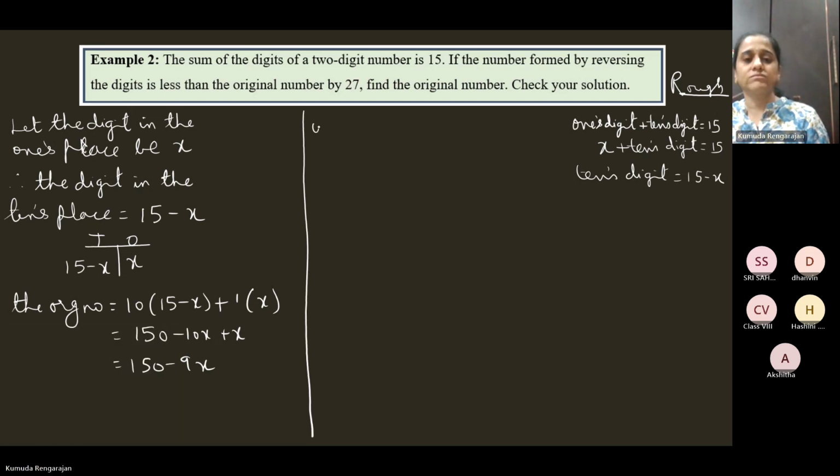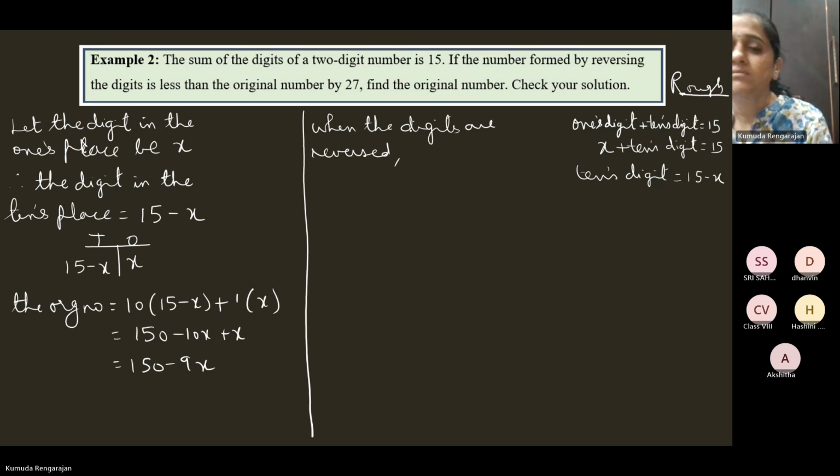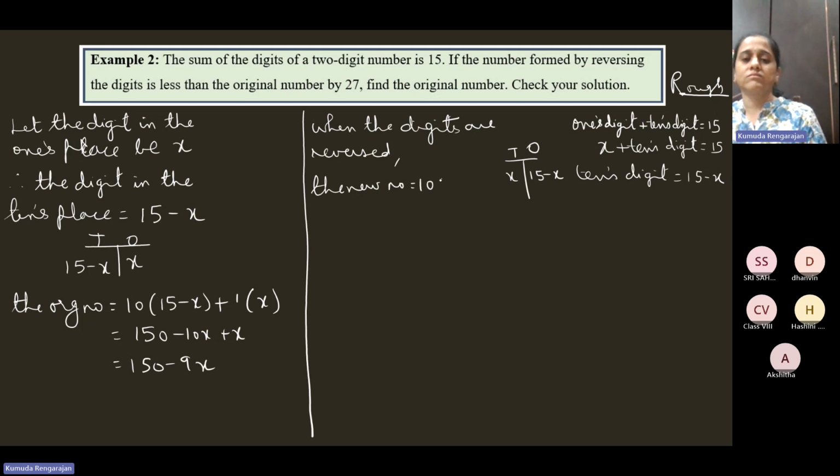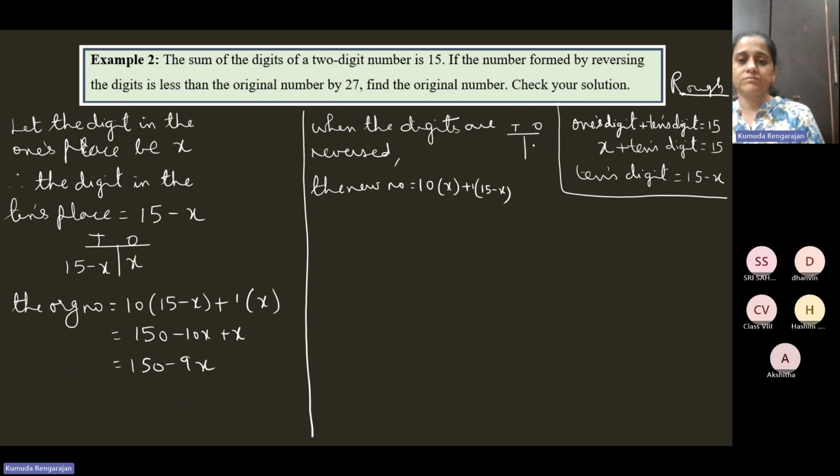When the digits are reversed, the new number is 10x plus 15 minus x, which is 9x plus 15.